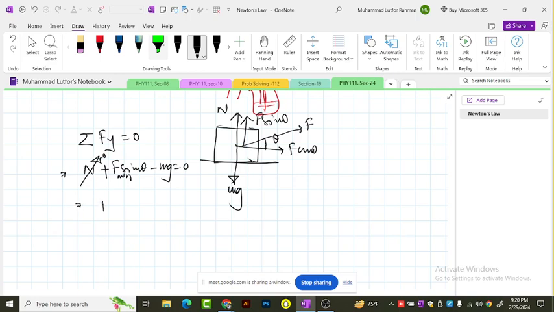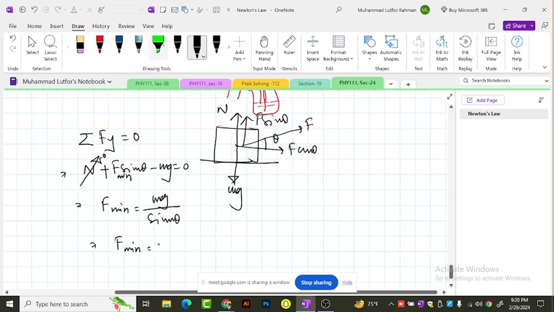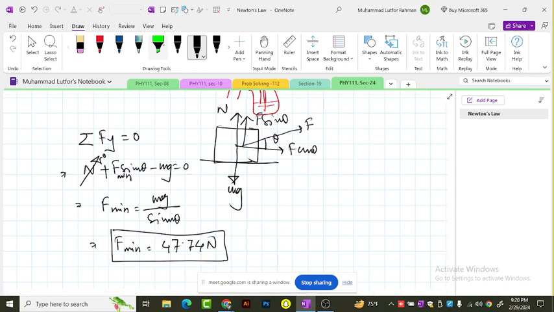So F minimum is simply mg divided by sin theta, and if you solve this, you will get that this F minimum should be 47.74 Newton.